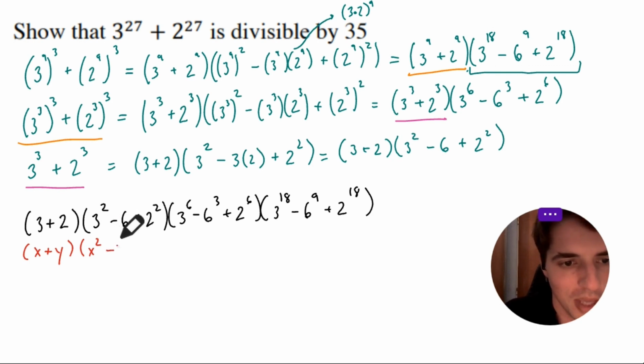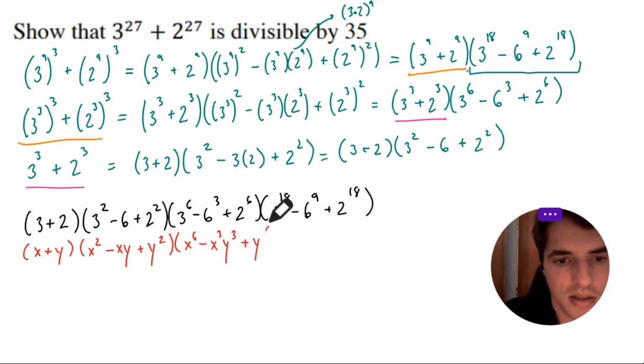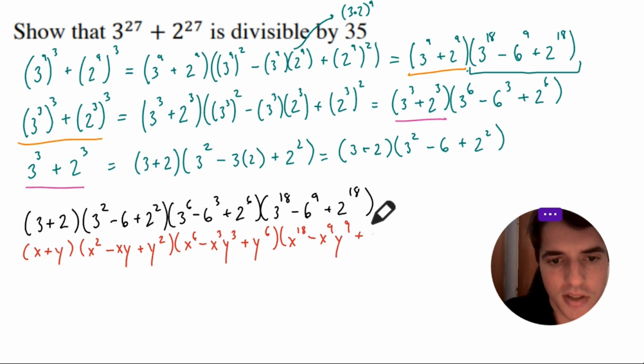We should remember would be xy here, plus y squared, x to the 6th minus x to the 3rd, y to the 3rd, plus y to the 6th, x to the 18th minus x to the 9th, y to the 9th, plus y to the 18th.